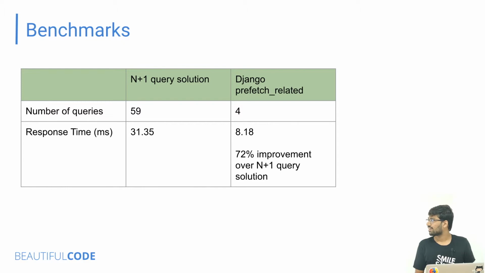So you can see there is a 72% improvement here. Django's prefetch_related and select_related are basically syntactic sugar over joins and similar mechanisms. Django provides us with these, and we can fetch results in a much better way, and these two will help us solve the n+1 query problem.